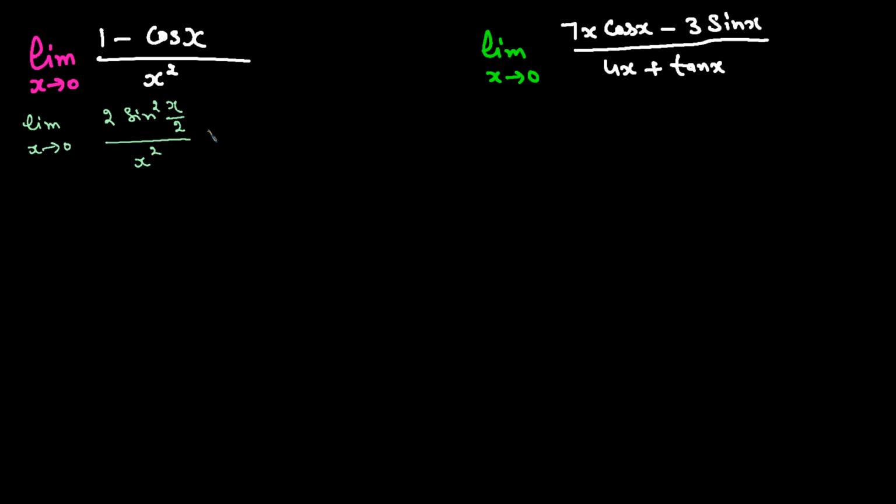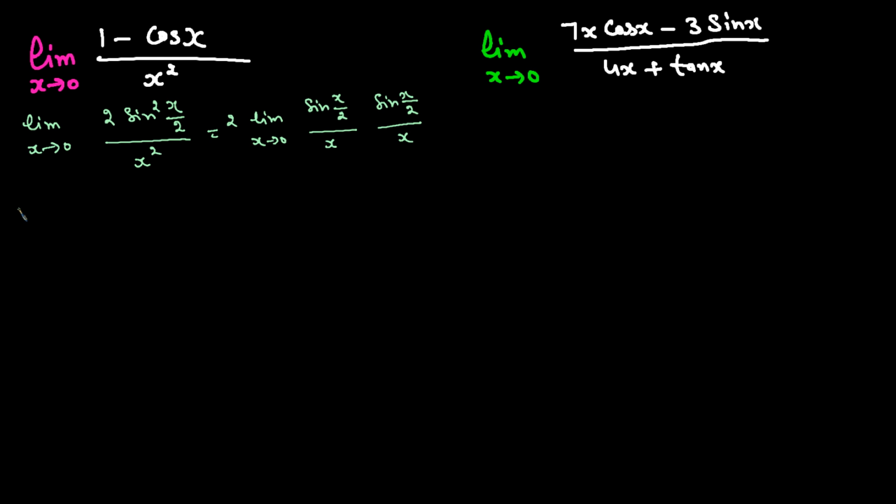Which can be written as, I'm going to take 2 out, limit as x approaches 0, and we're going to separate this into 2 sines, because you see there's a sine square x over 2, and in the denominator we have x square, or we can write it like this too, so x over here and x over here.